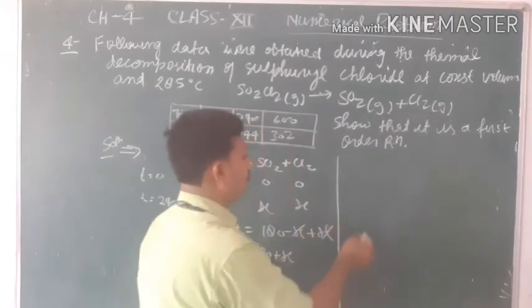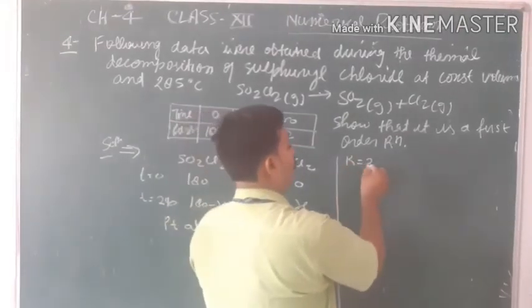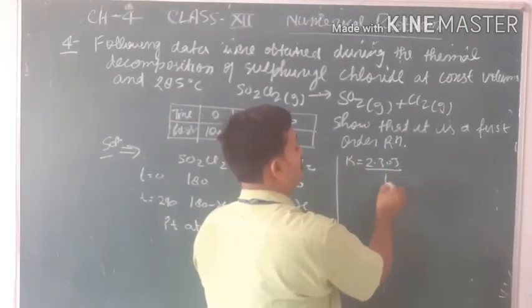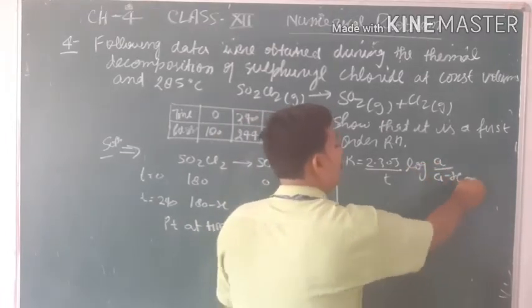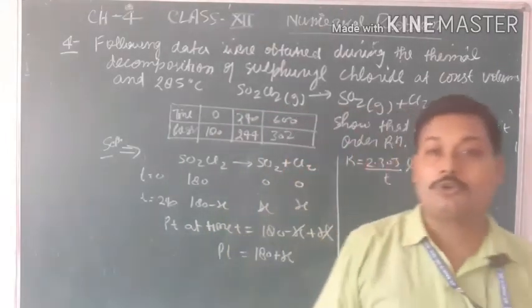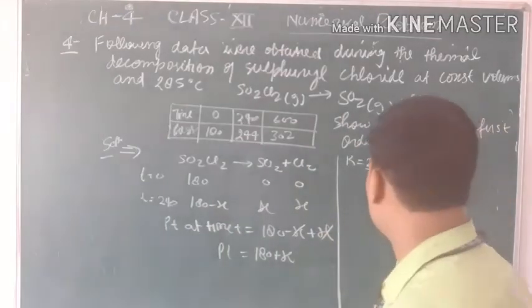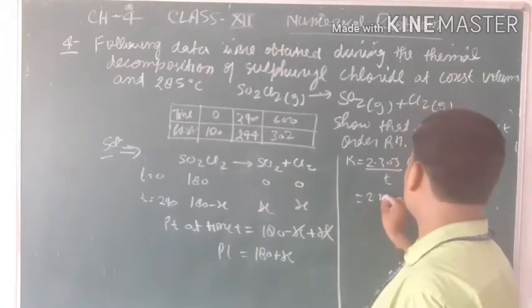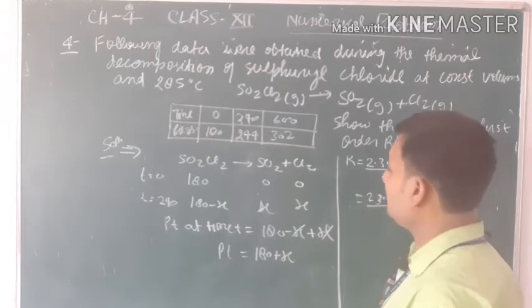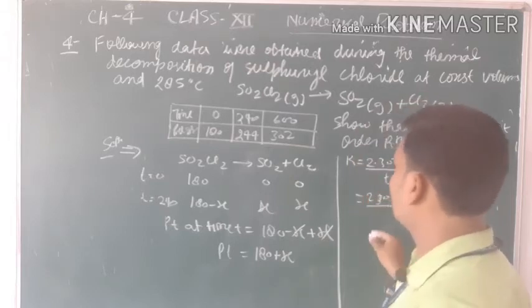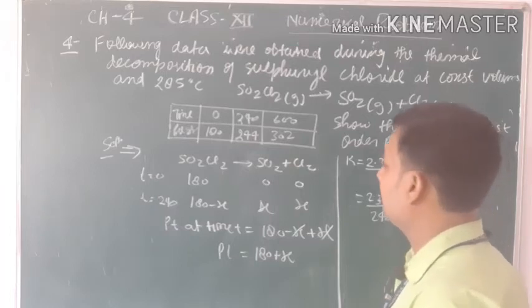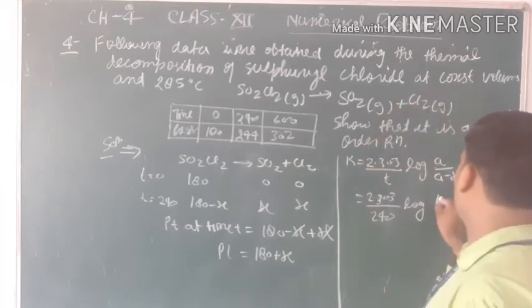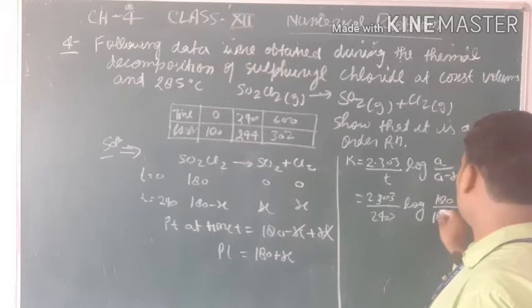We know that k is equal to 2.303 upon t log a upon a minus x. So we get 2.303 upon t, that is the time 240, and log a, this is the pressure, 180 upon 180 minus x.